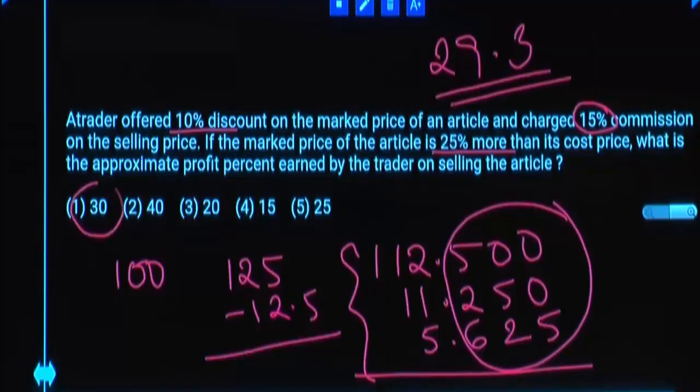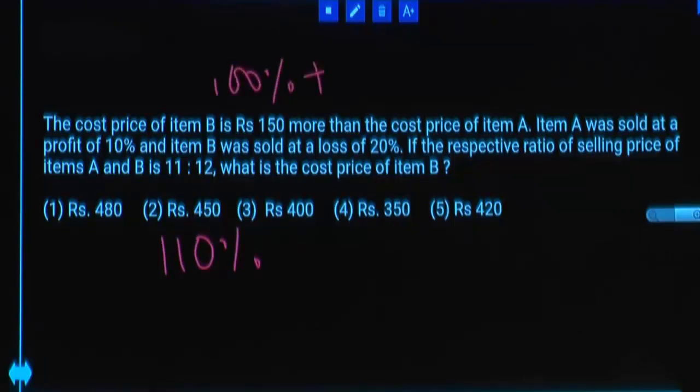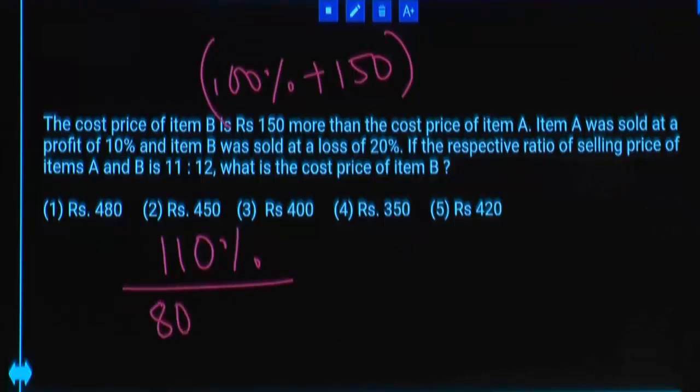Over. The cost price of item B is 150 more than cost price of item A. Item A was sold at a profit of 10%, that means 110%. Keeping in mind, 100% is cost price of A. Plus 150 will give you cost price of B. B was sold at a loss of 20%. That means 80% of this number. 80% of 100% in the sense 80% only. 80% of this number in the sense 120.